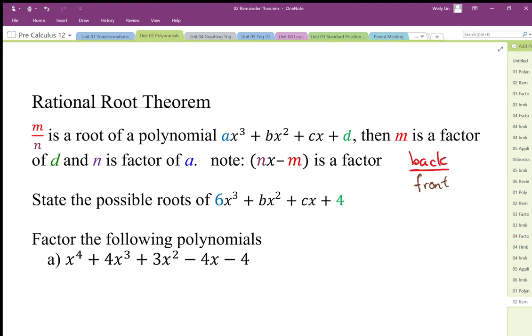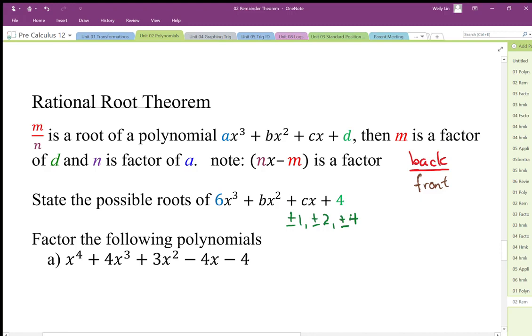Although we're not going to use all these roots, I want you to be able to show me what they are. So if we have this 4 here, the possible roots are going to be plus minus 1, plus minus 2, plus minus 4, based on that d value.